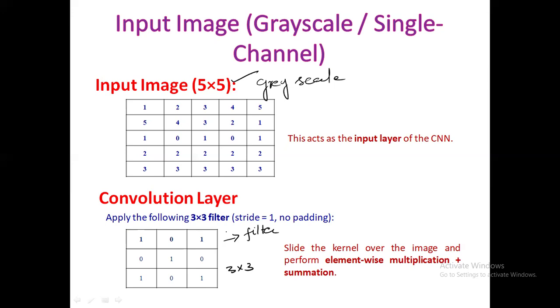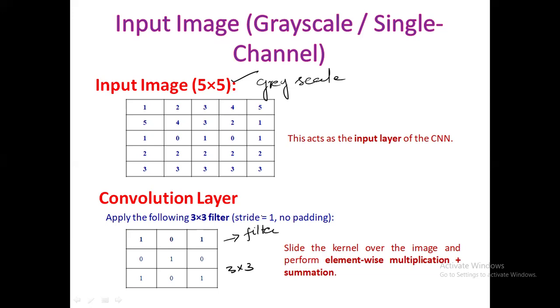At each position, the filter is placed on top of an image patch of the same size, and each corresponding pair of values is multiplied and then added together to produce a single number. This number becomes one element in the feature map. The filter is then moved across the image according to a fixed stride.